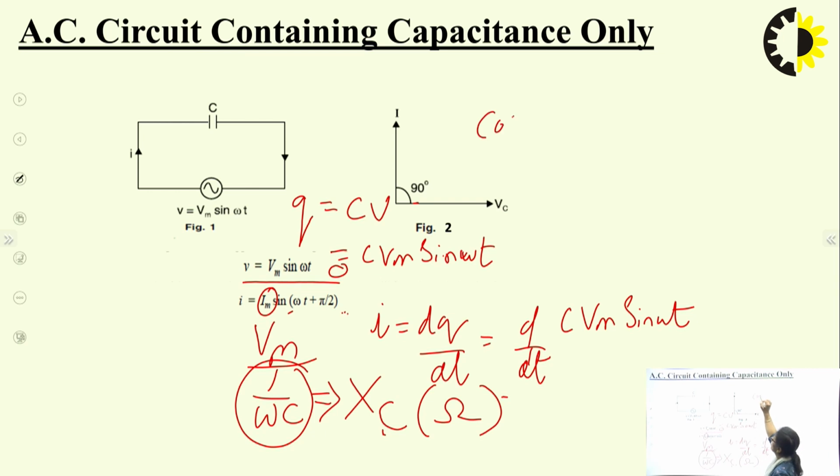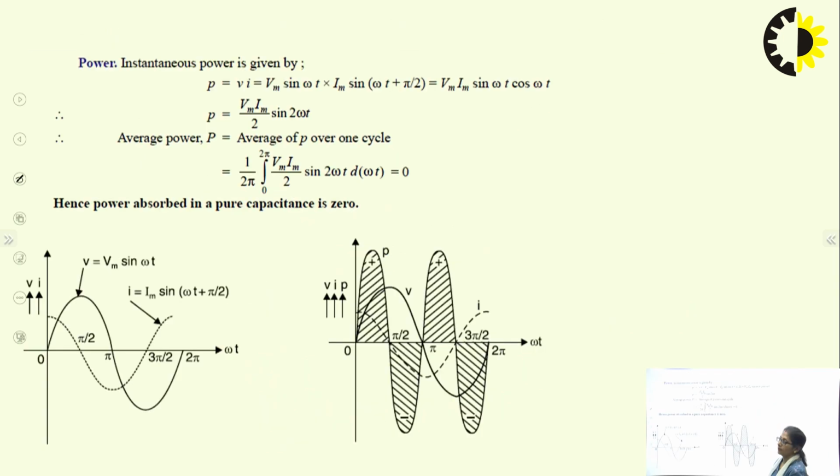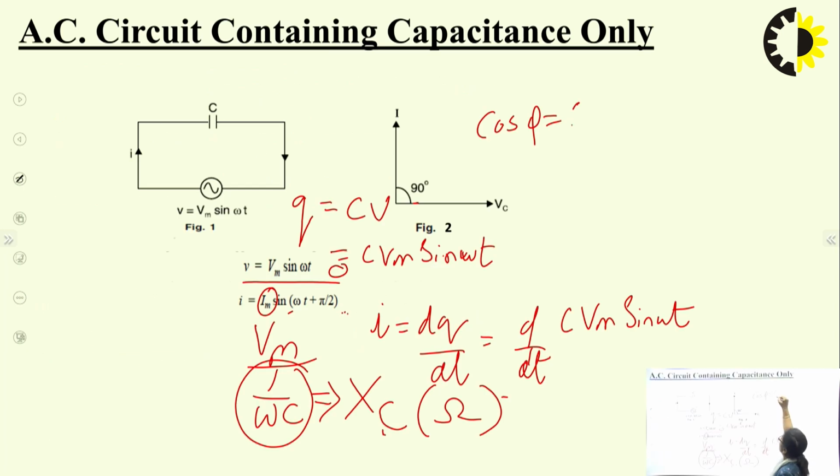Once again, what is the power factor in this case? The power factor cos phi is given by cos of the angle between voltage and current. Once again, the angle between voltage and current is 90, as in the case of purely inductive. So that makes it 0. The power factor is once again 0, but what will be the nature here? Is it once again lagging as in the case of inductive?